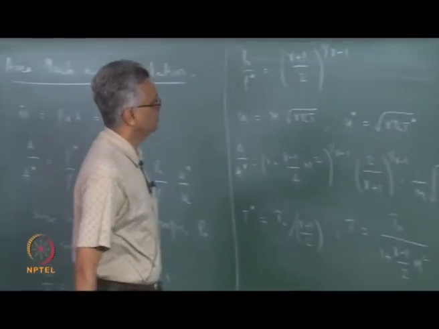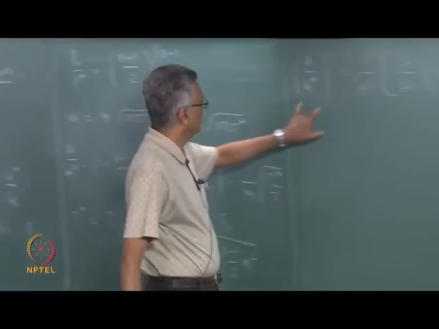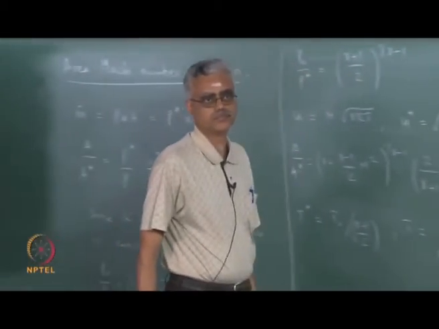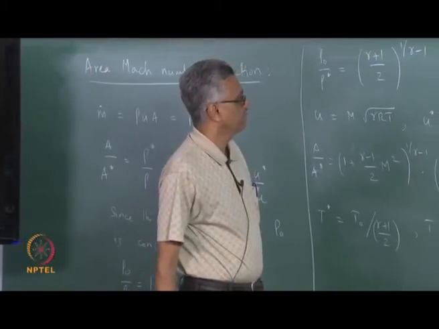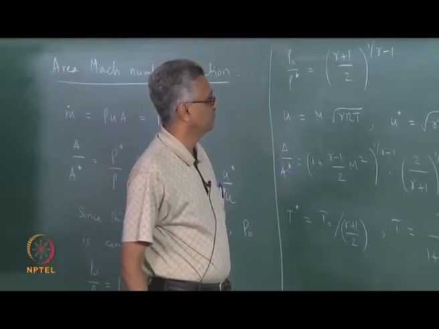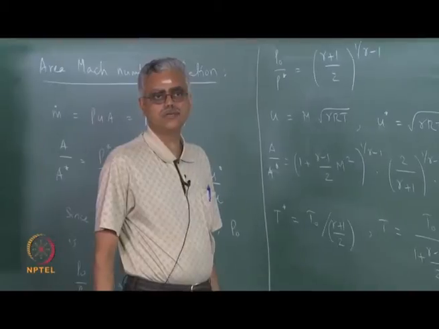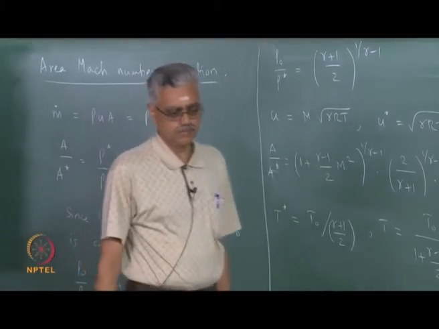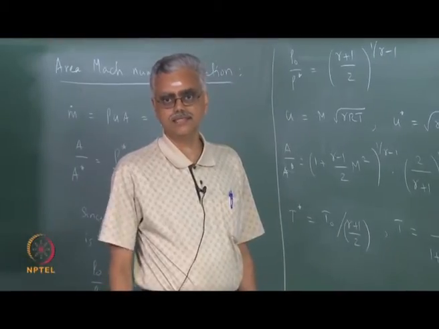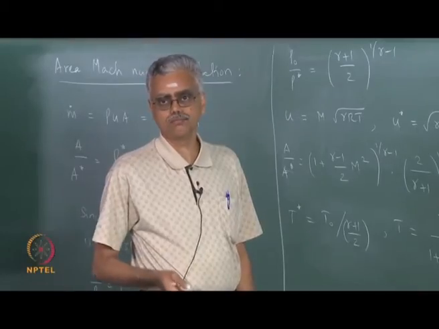This is the so called area Mach number relationship, where we have the area term on the left hand side and the Mach number term on the right hand side. Here A star is the area or cross section where the Mach number reaches 1, and as I said earlier, A star need not be equal to A throat.